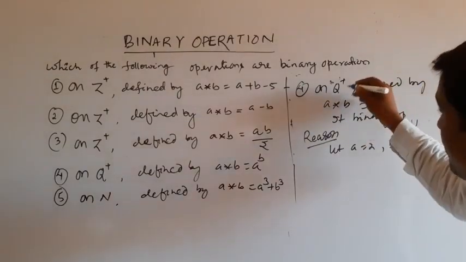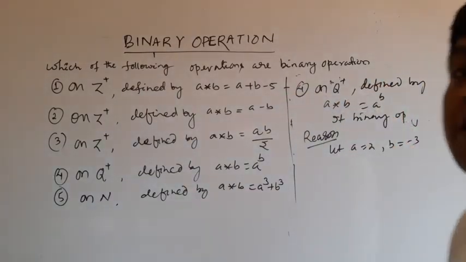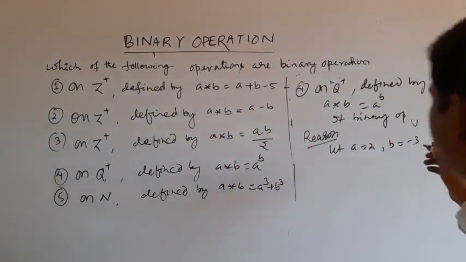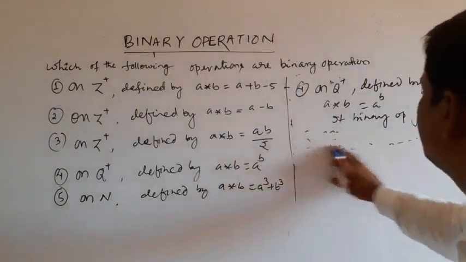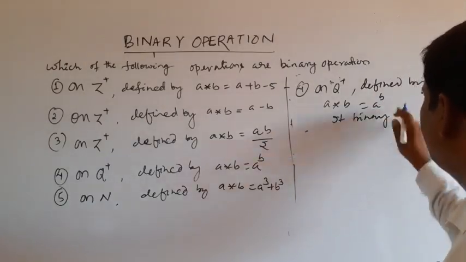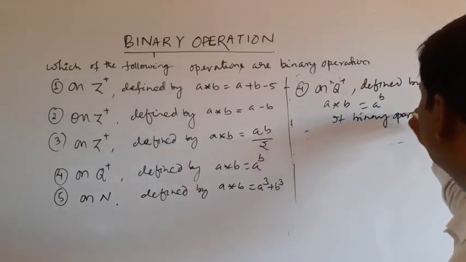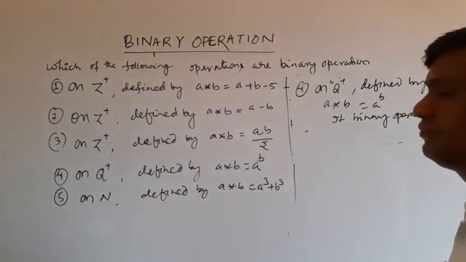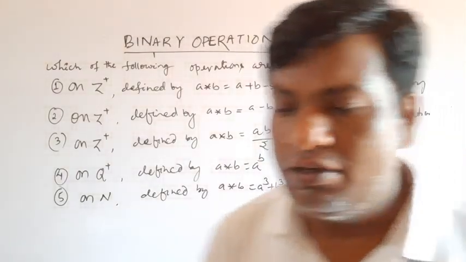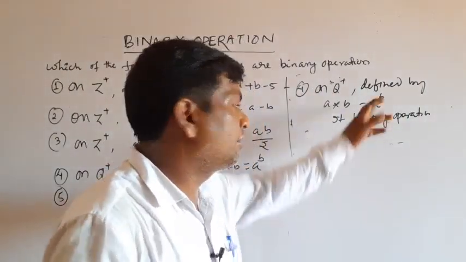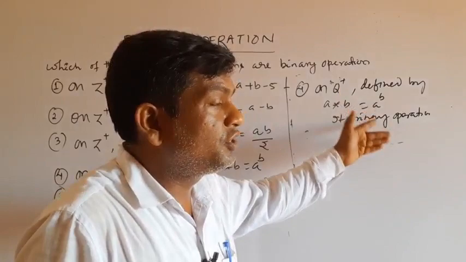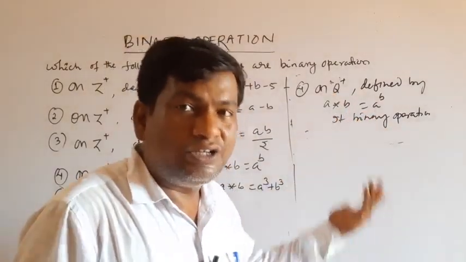But Q plus means the set of positive rational numbers, so it will be a binary operation, because any positive rational number operated, 2 to the power 3 equal to 8, is also a rational number. 2 to the power minus 3 is equal to 1 by 8, also a rational number.